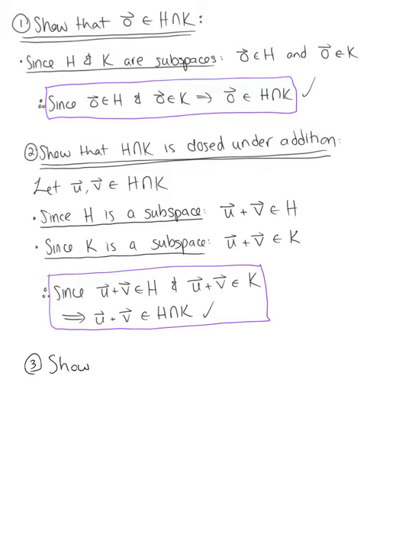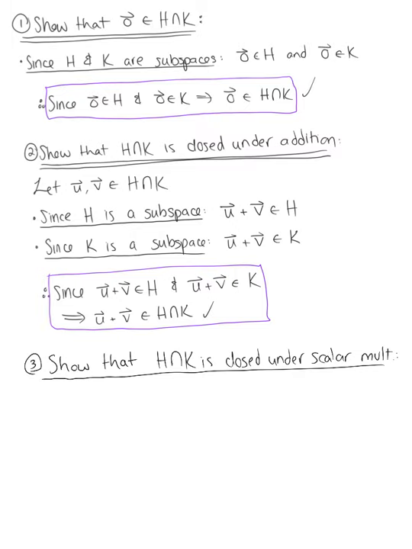Last but not least, we want to show that the intersection of H and K is closed under scalar multiplication. So let's let u be an element of the intersection of H and K, and we'll let C be any scalar.